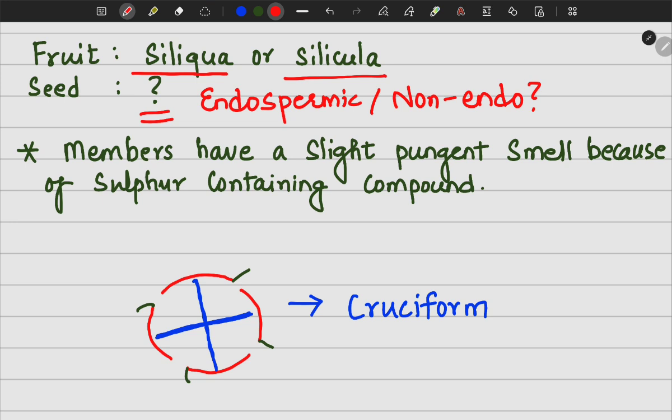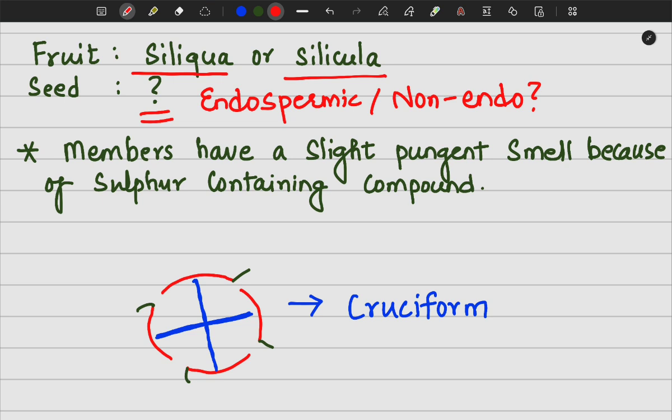Please write down the answer in the comment section. You can make a guess because the root was taproot, and taproots are usually found in dicots. And when we studied dicot seeds, we studied whether they are endospermic or non-endospermic, right? The mustard family being mostly dicots, you can guess the seed would be what? You can write down the answer in the comments below.